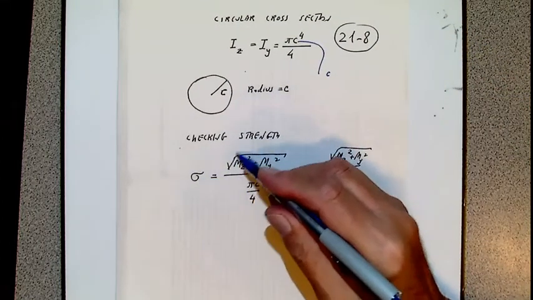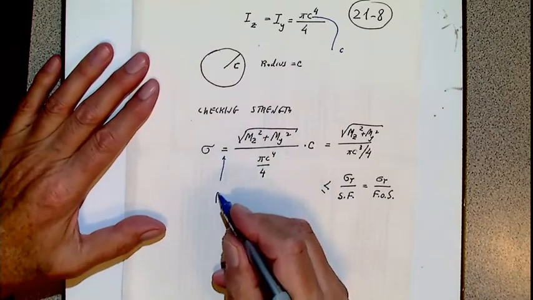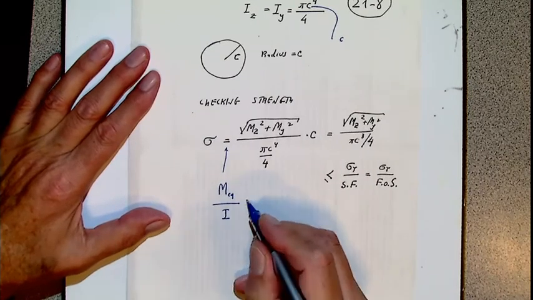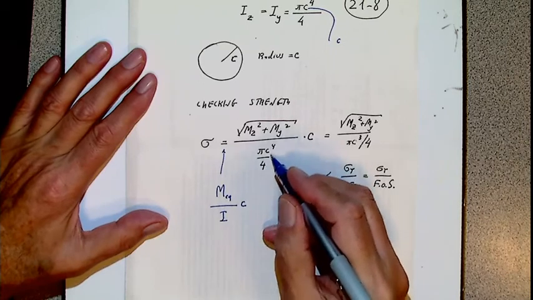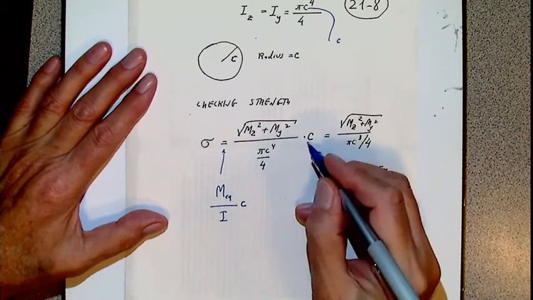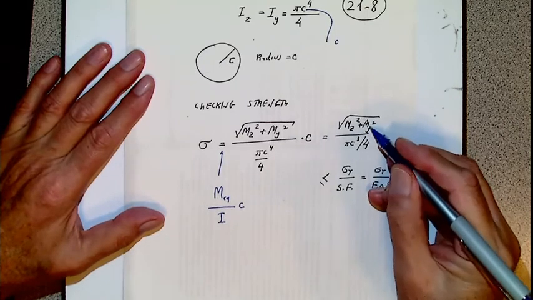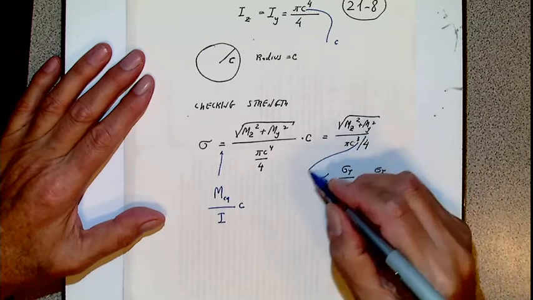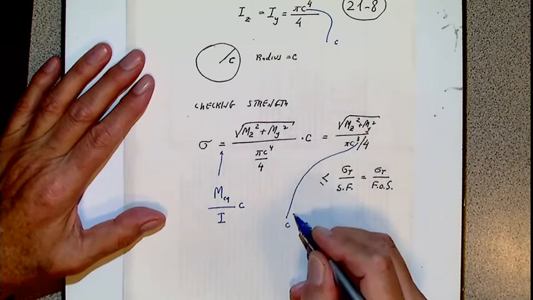Instead of M, we write M equivalent divided by I times c. So I is pi c to the fourth over 4. So then we get the square root of Mz squared plus My squared over pi c cubed, because c to the fourth divided by c gives c cubed.